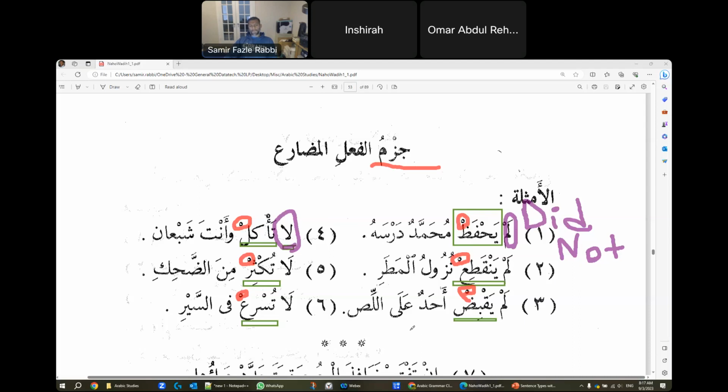Could this indicate not just the past tense, but maybe the past continuous tense? I don't know what it's called in English. Maybe he always doesn't memorize his lessons, not just one time, but all the time. He never memorizes. No. If you wanted to do past continuous or any continuous, we're going to cover this in a future lesson.